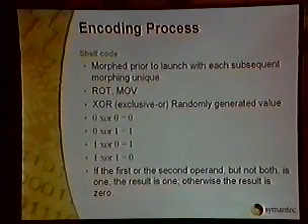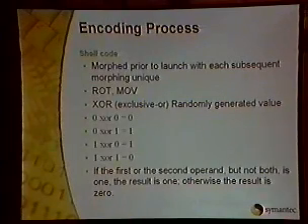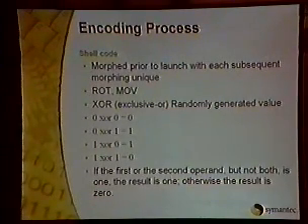Let's move into the encoding process that I've had time to research and see exactly what's being encoded here. The attack is morphed prior to launch, and each subsequent morphing is unique. So each time that you run an attack against a host such as DNS or SMTP, it's polymorphed all over again.